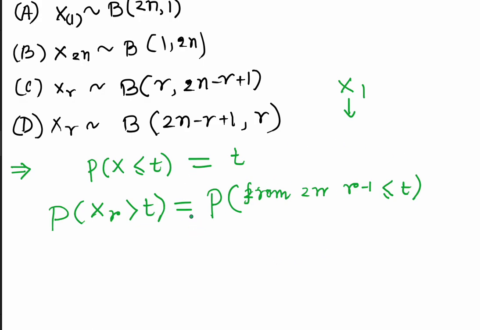So the probability will be simply the summation, k equal to 0 to r minus 1, 2n c k, t to the power k, 1 minus t to the power 2n minus k.